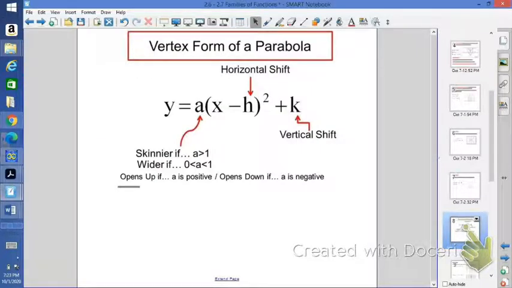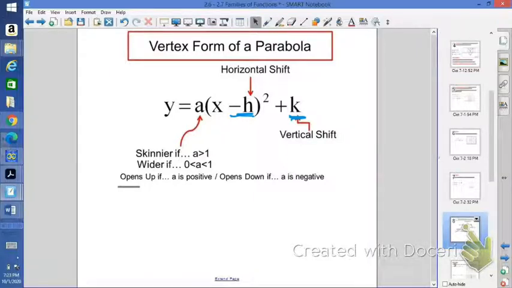Alright, and then here in this slide it sums everything up. Alright, so our h, okay, that number is responsible for the horizontal shift left or right.